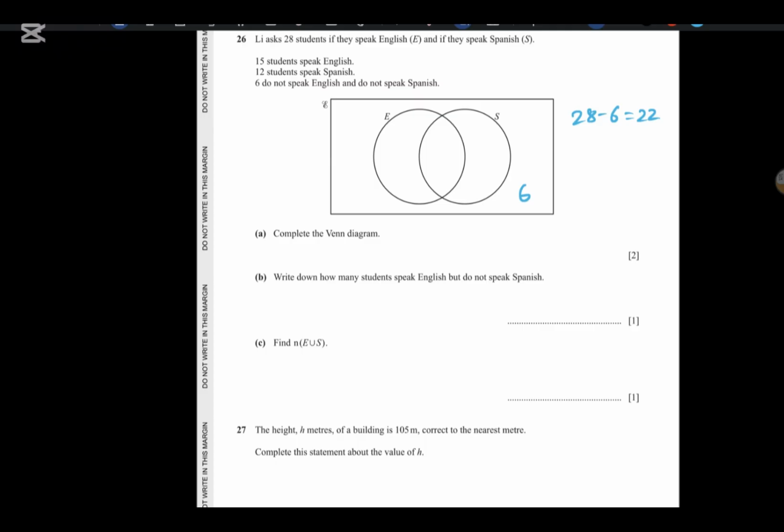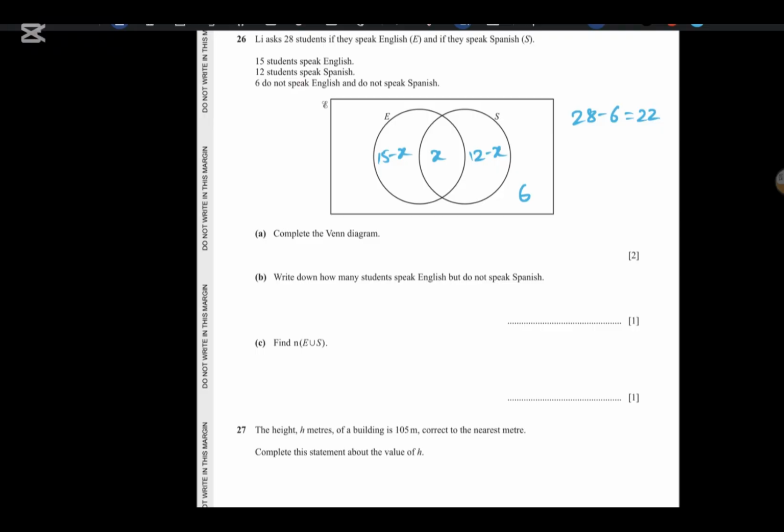Now 22 students, in which 15 and 12 are speaking. 15 is speaking English. That means from this 15, some may be speaking both languages, English and Spanish also. So let me take that as x. So 15 minus x will be the students who speak only English, and 12 minus x will be the students who speak only Spanish.